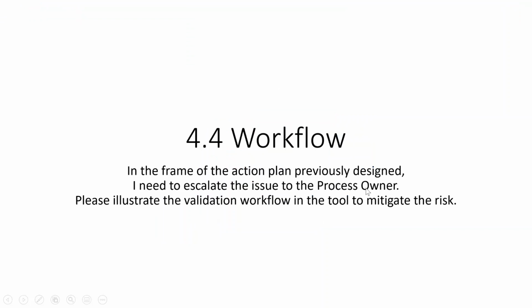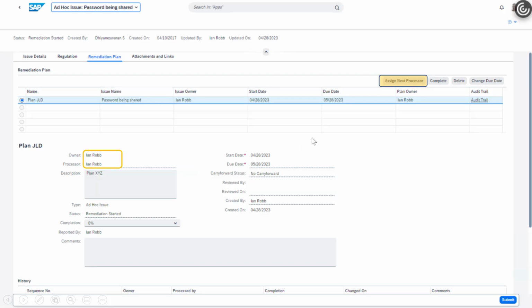The workflow. So we have some escalation process. In this case, for instance, I am Jan Rob, I am the processor, but I want to assign this issue or this remediation plan. In this case, it's not an issue, it's a remediation plan, but it's the same for an issue.